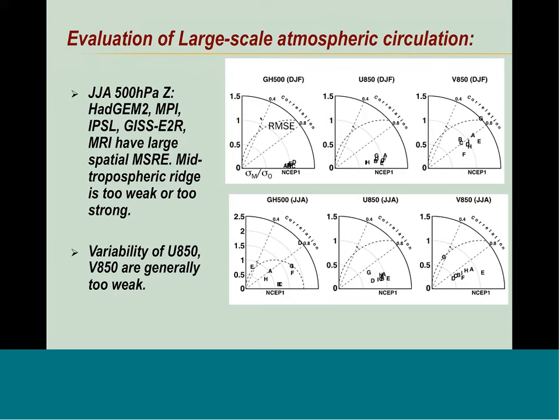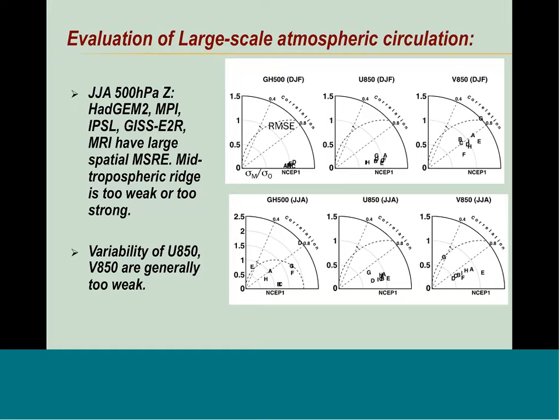This slide shows the comparison between model and observation for the atmospheric circulation. This is a standard Taylor diagram, and on top of that, we add the root mean square error.